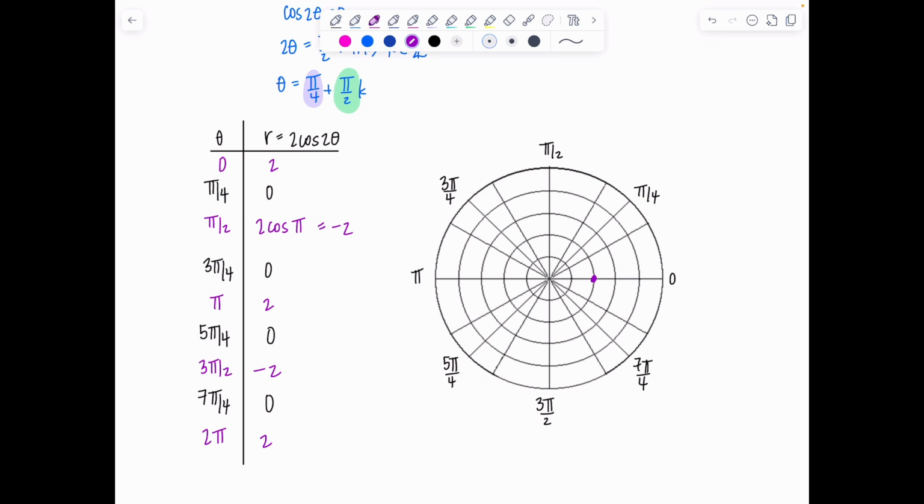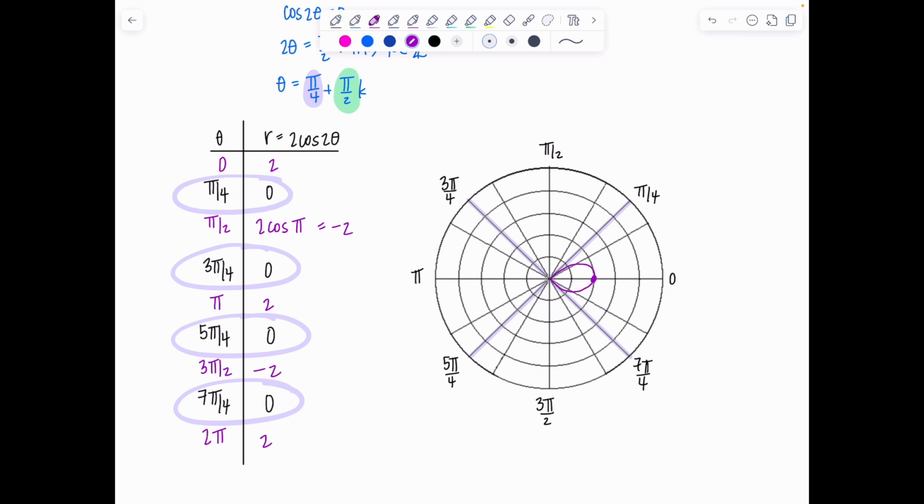Pi over 4, we're at 0. If you want, let's put lines through where all the zeros are so you know where your petals have to live between here and here, okay? So like this petal here is going to be stuck right in here. So this petal, don't let it get too chunky.